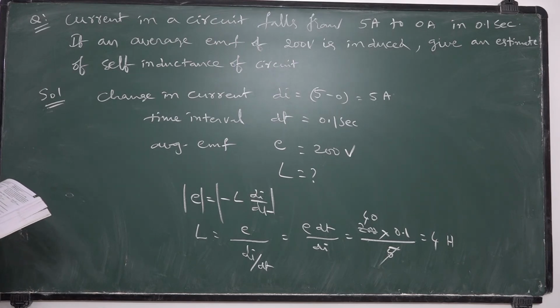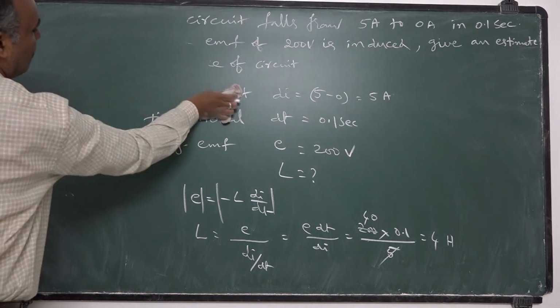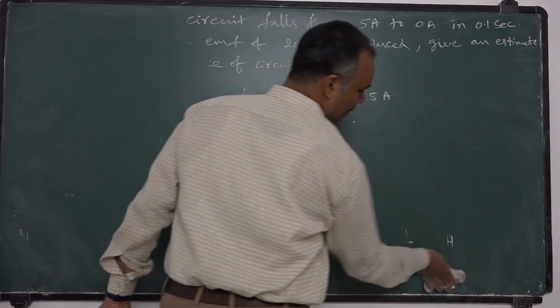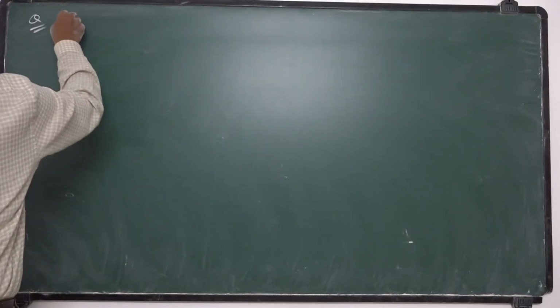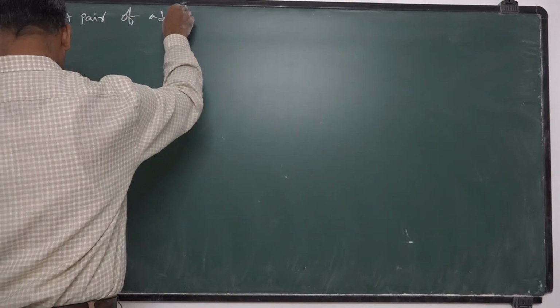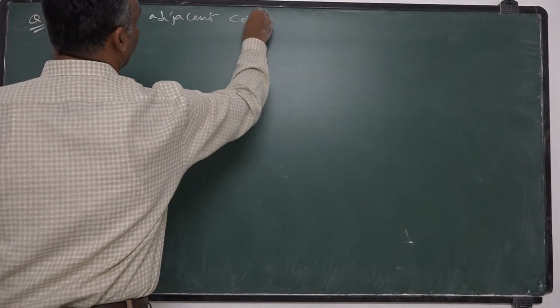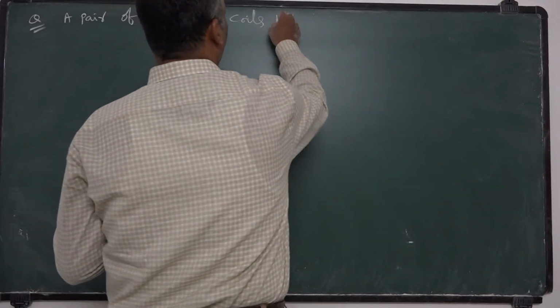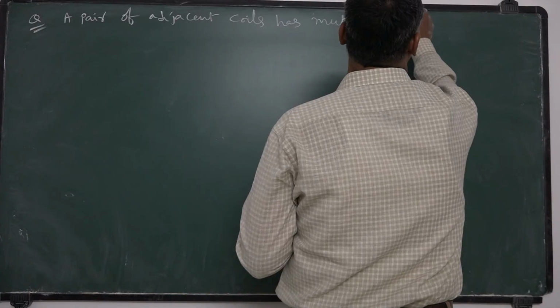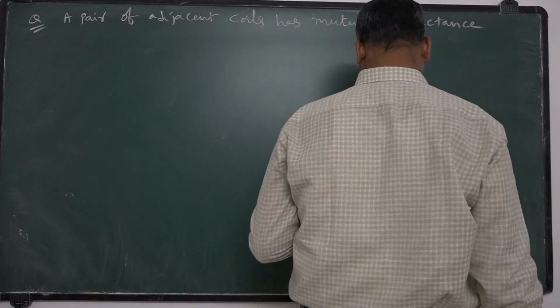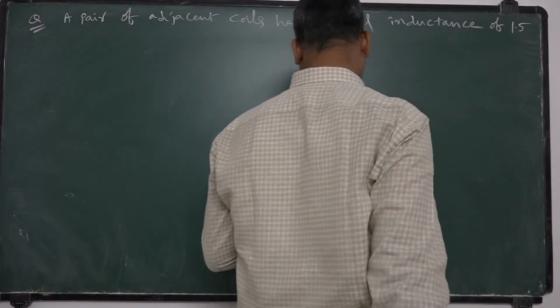Similarly, let me explain one problem based on mutual inductance. Question says, a pair of adjacent coils has mutual inductance of 1.5 Henry.